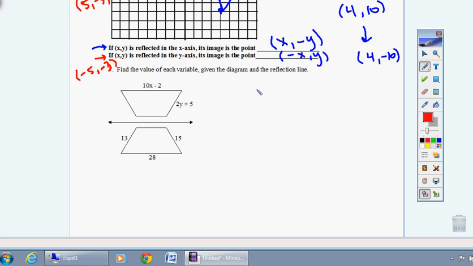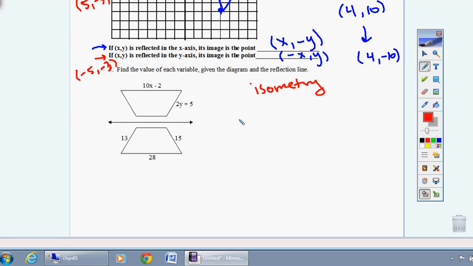That's why when we refer to reflections, a reflection is what we call an isometry. Because an isometry is when you do a transformation and all the measurements of all the sides stay the same. So if it says find the value of each variable given the diagram and the reflection line, this line right here, okay, when I reflect it over, is going to be the same distance as this line right here.